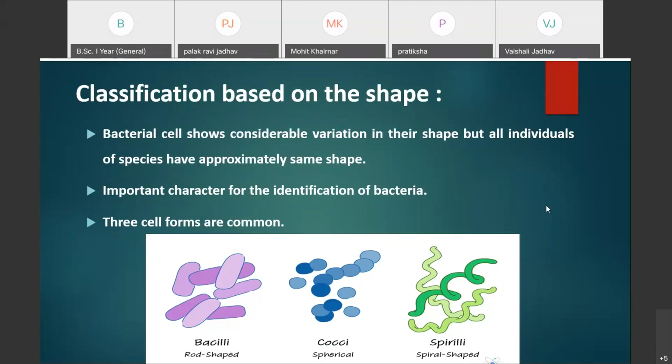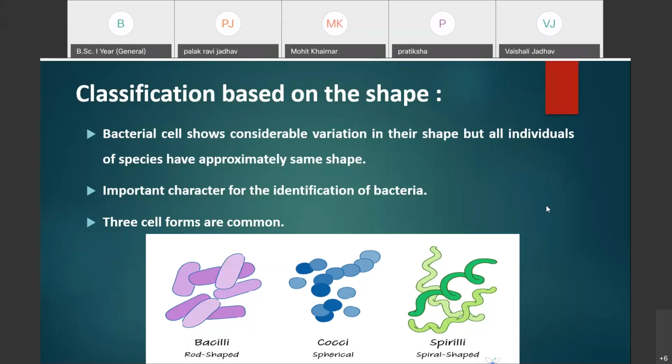There are a large number of bacteria, and they vary in shape, but bacteria belonging to one species have approximately the same shape, and that's why the shape of the bacteria is considered one of the important characters for classification.